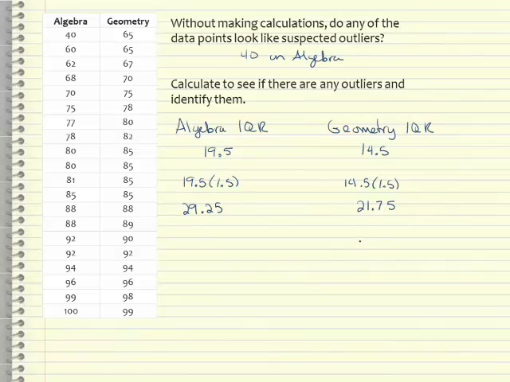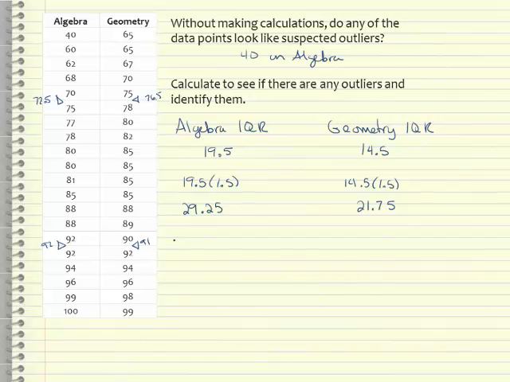Now to determine if we actually have any outliers, I again need to bring back my Q1s and my Q3s. Here I had 72.5 and 76.5, and here I had 92 and 91.